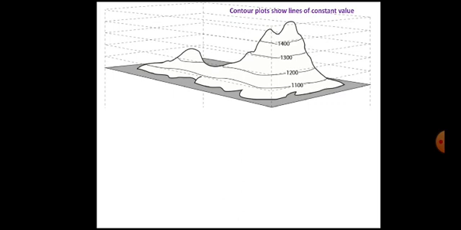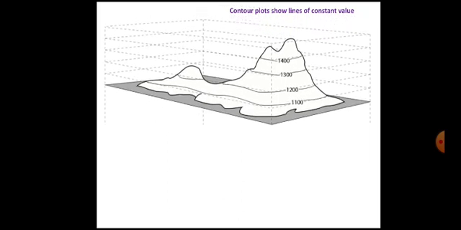So the regions having the same height, all these points are joined together to obtain a contour plot. So contour plots show the lines of constant value.